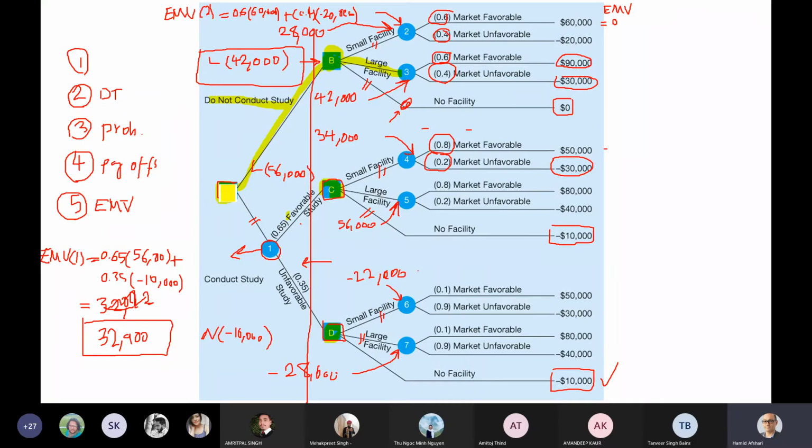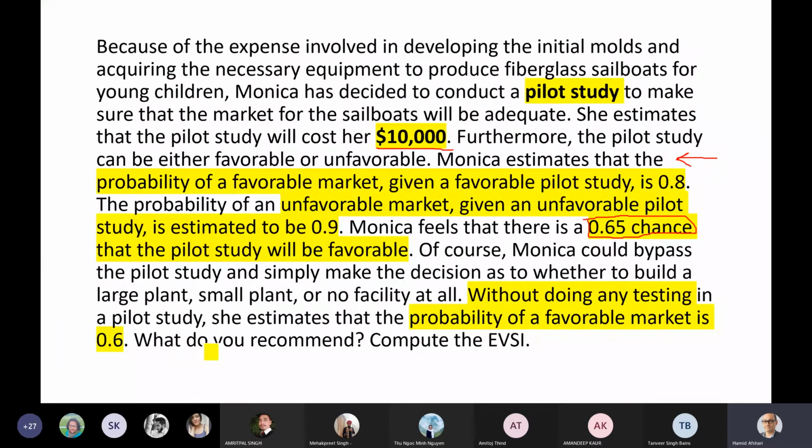Perfect. So let's see if we have finished the problem. What is the problem asking? What do you recommend? Yes, go with a large plant and do not perform a pilot study. And then compute the expected value of sample information. What should we do here?